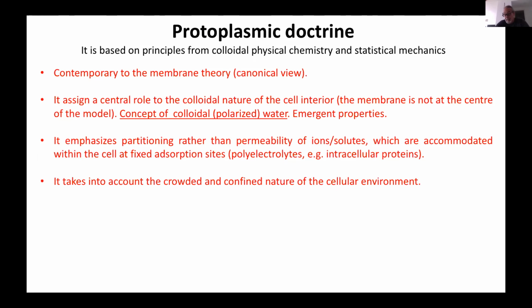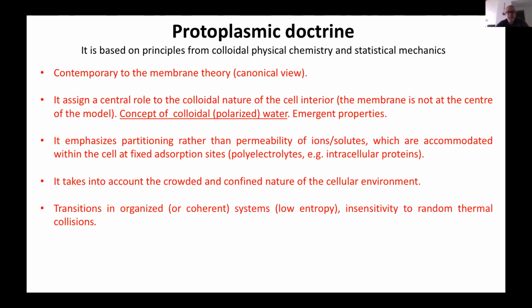It certainly takes into account the crowding and the confined nature of the environment, right? And they consider transitions between two states of low entropy, right? And here, different to the other model, there is insensitivity to random thermal collisions. So you have a coherent sort of system.